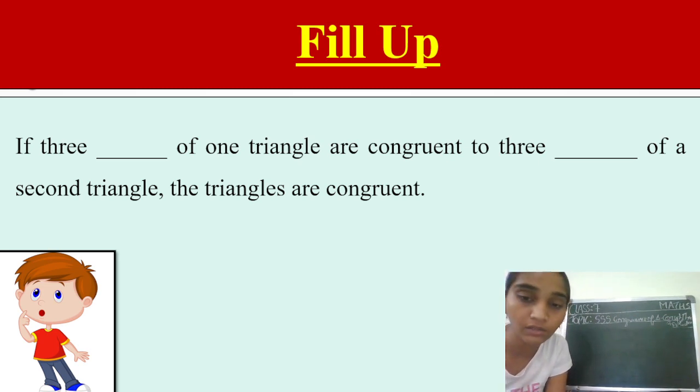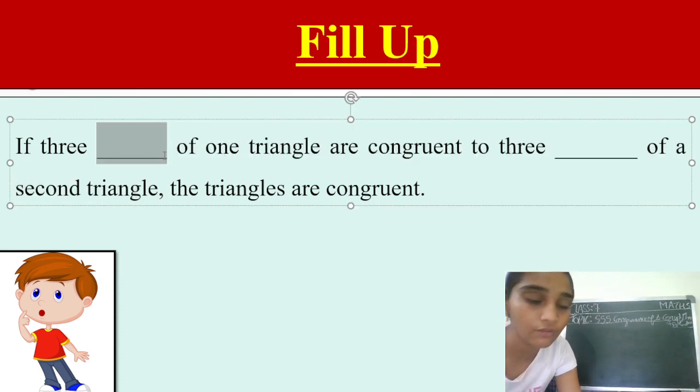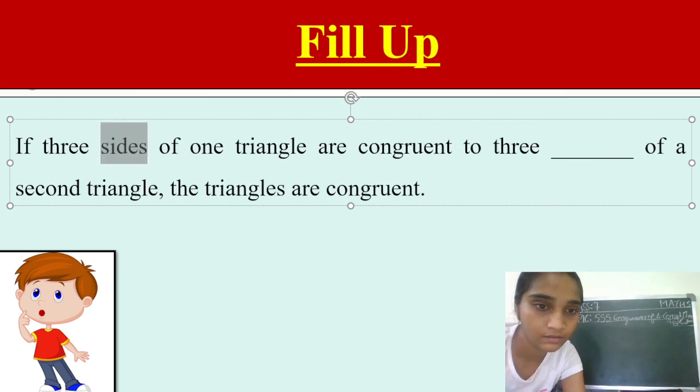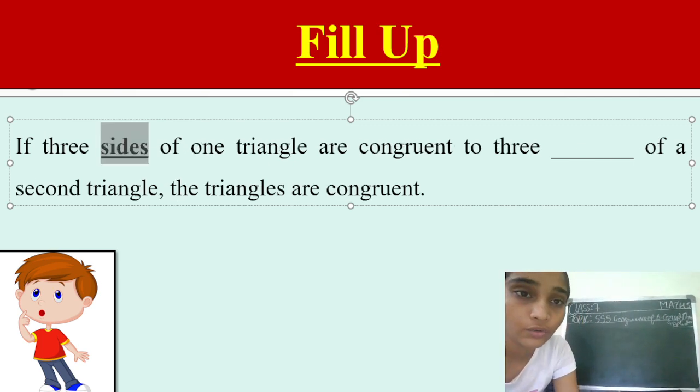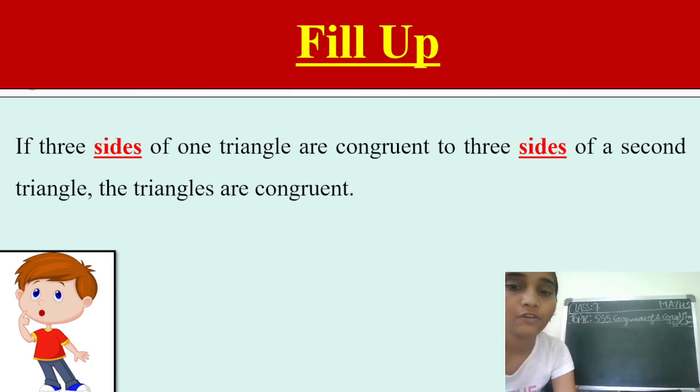What do you feel will come in the blank, as we have discussed some concept just now? Very good. So if you are giving the answer as 3 sides of one triangle are congruent to the 3 sides of another triangle, so we will say yes, the triangles are congruent. Very good, students. So in both of these, sides will come.